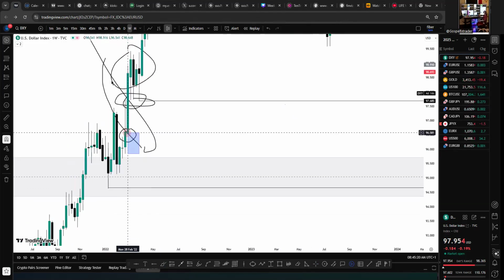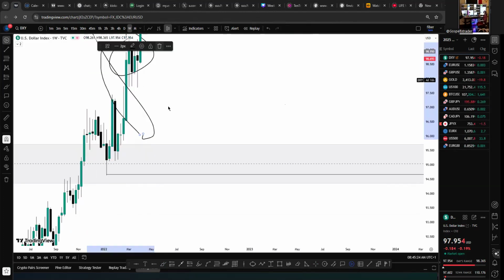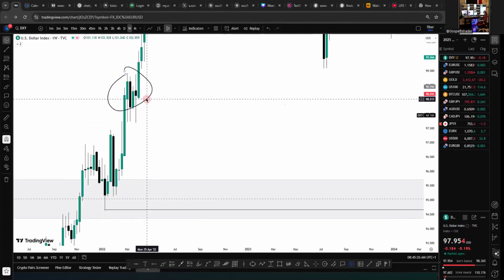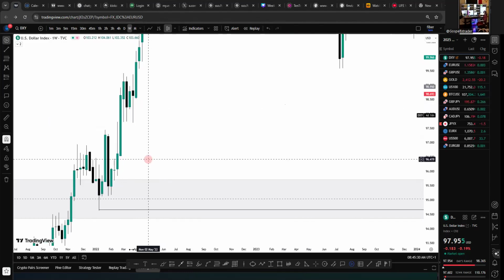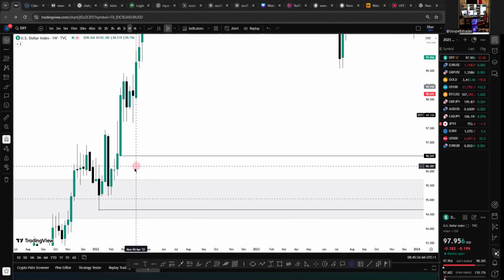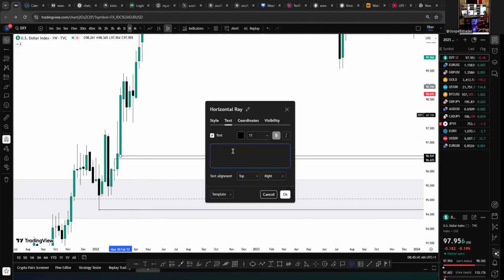Now what we're going to do here is that's going to be our draw on liquidity based on the weekly time frame, but we're going to step down to the daily also to see if that's going to be possible. But for now, this is a very strong key level for us to expect price to trade down to. It is a fair value gap, and also it's a no wick candle zone.